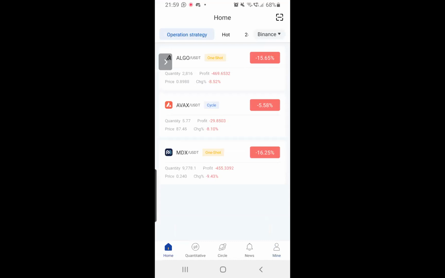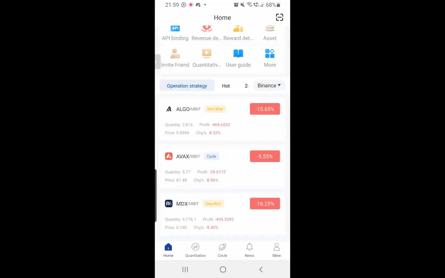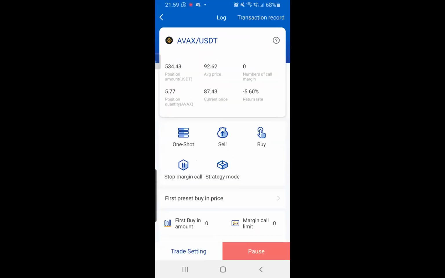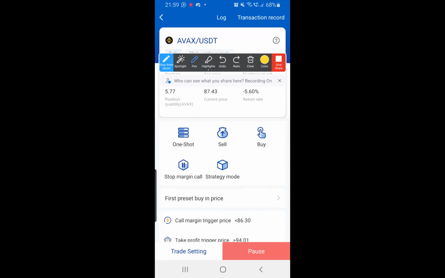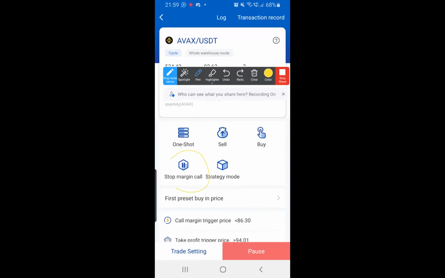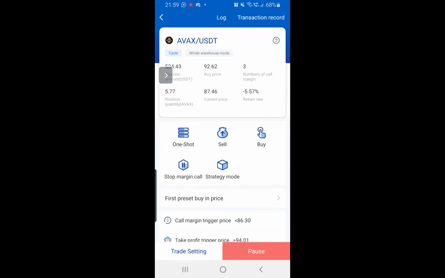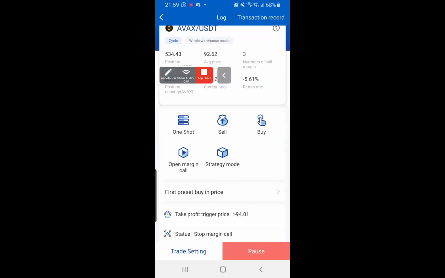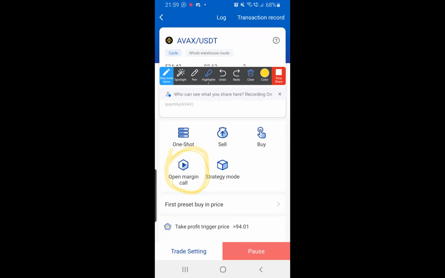Okay, so if you want to stop the margin call, like Avas now, which I'm trading, if we go to Avas, you will see here, stop margin call, right? Let me click on it. What this means is this bot will no longer continue the 4 margin calls it has made.